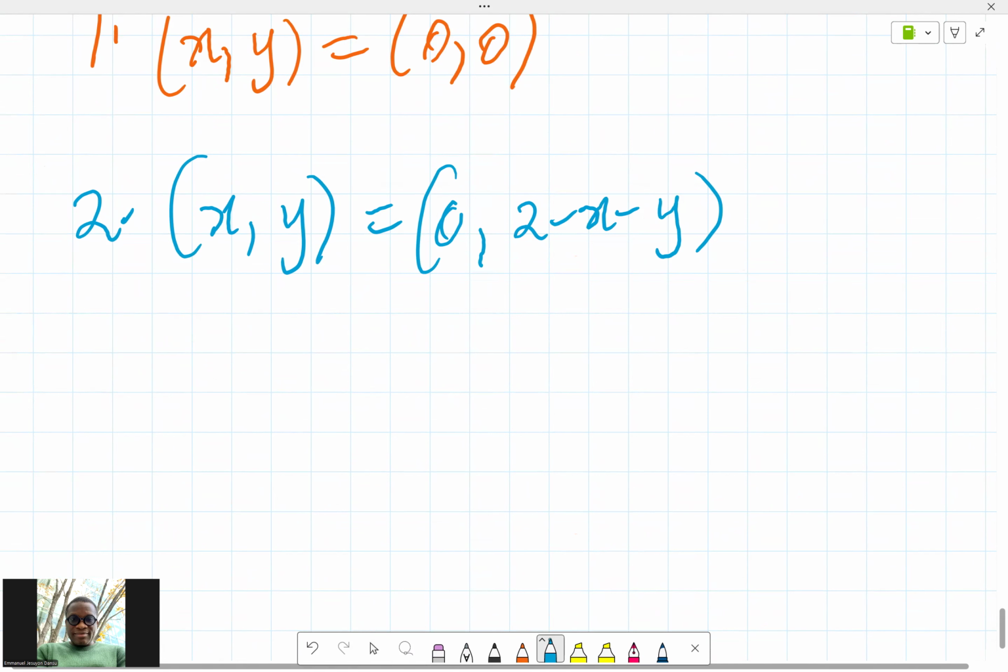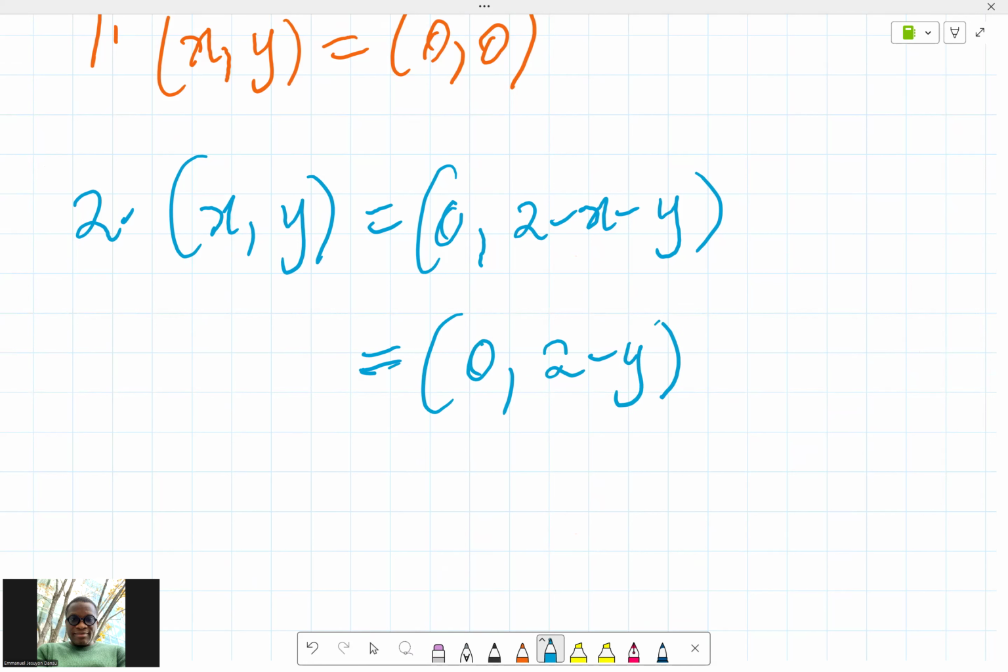So what that simply means is that since x is equal to 0, so that means we have 0 into 2 - y.